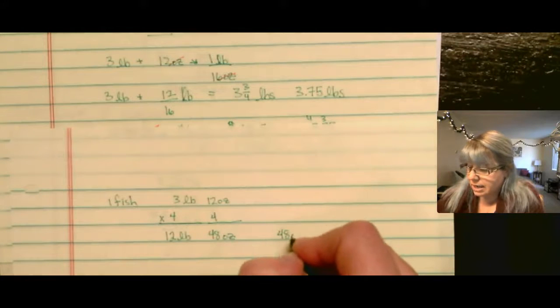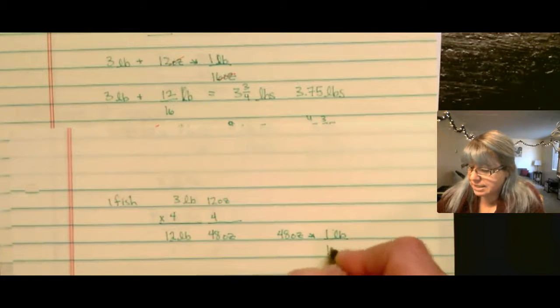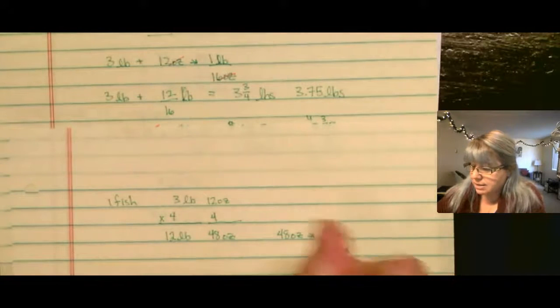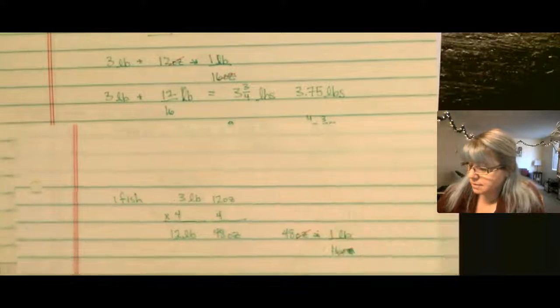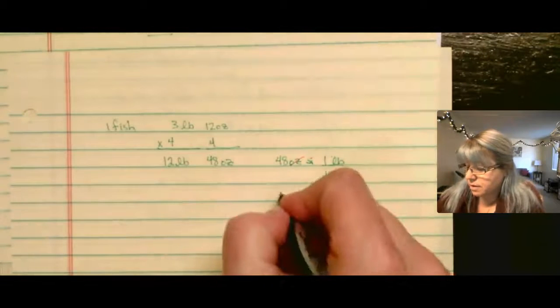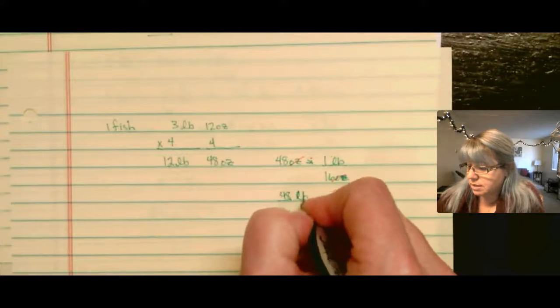So 48 ounces times 1 pound to 16 ounces. Ounces cancels out. That leaves 48 over 16 pounds.